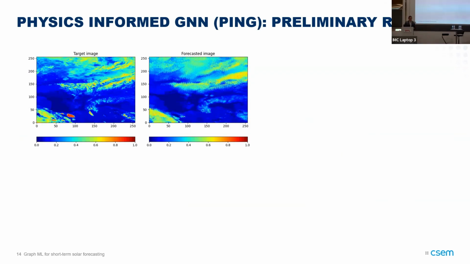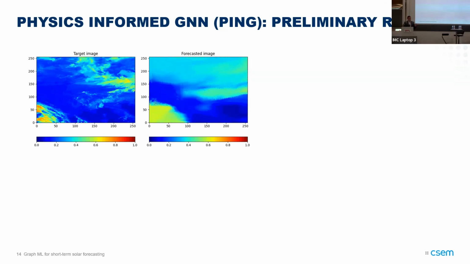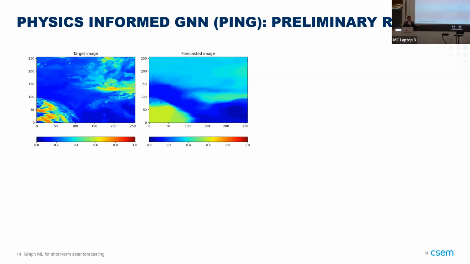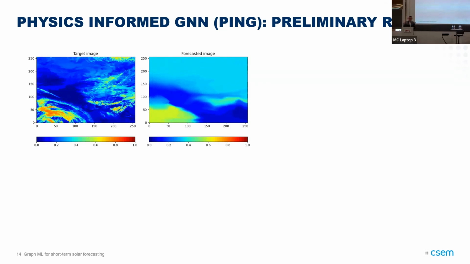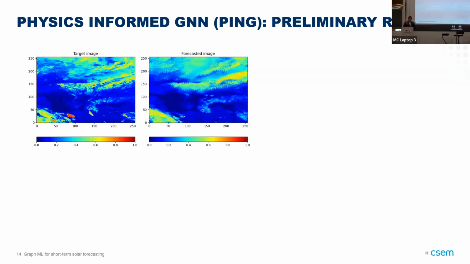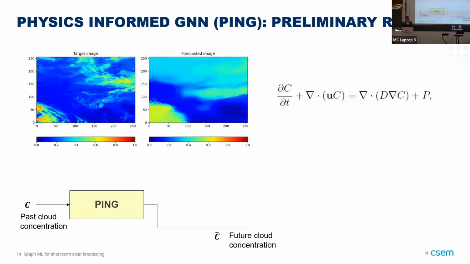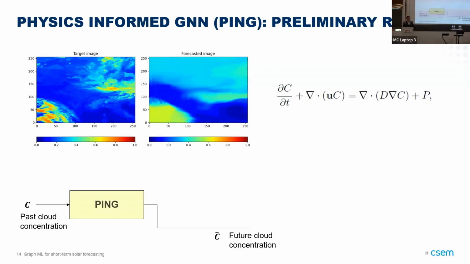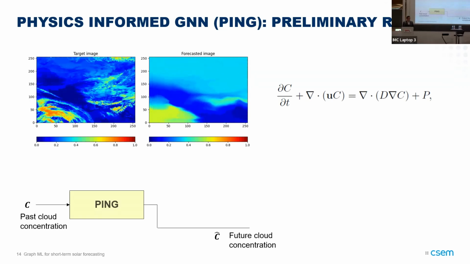One idea is, what if we also use satellite images for a wider spatial context and use the ground-based measurements for the local information of the signals. So we developed a physics-informed graph neural network that takes into account the advection diffusion equations of the process.